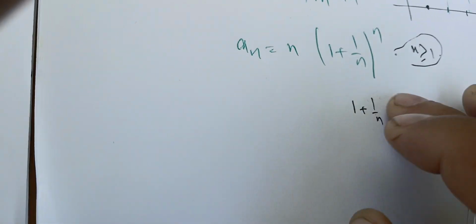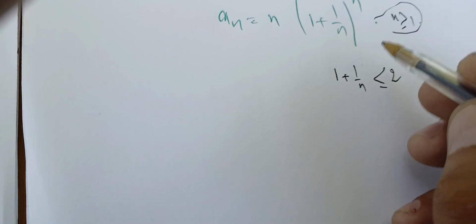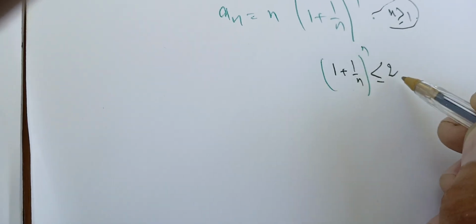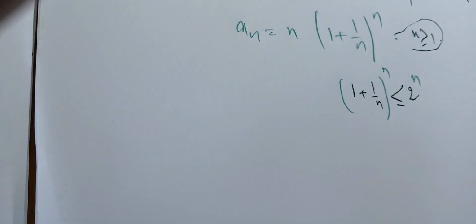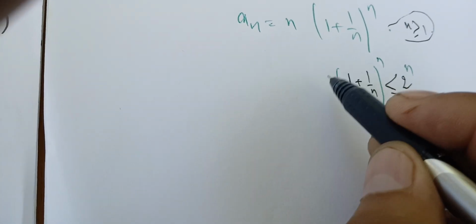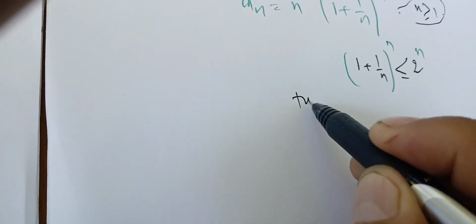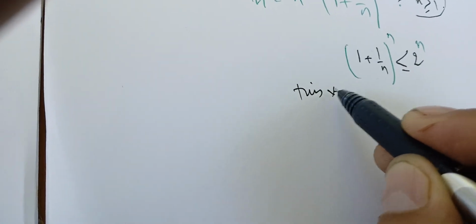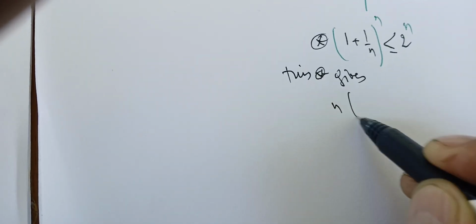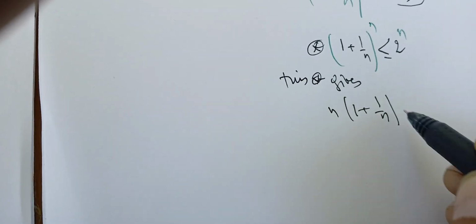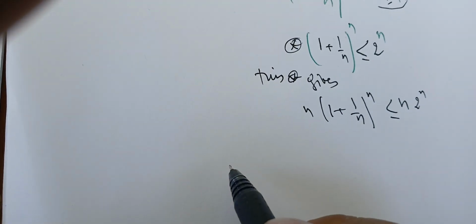Now I can keep multiplying this one many times, to get (1 plus 1 over n) to the power n is less than 2 to the power n. Using my algebra, I can multiply by n. This gives n times (1 plus 1 over n) to the power n is less than n times 2 to the power n.